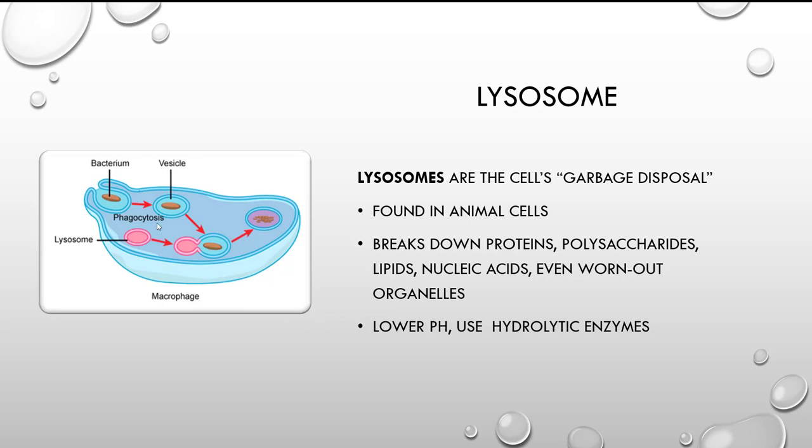Since they have a lower pH, it allows them to break down substances. So you can see how they could be kind of a security guard. They're going around, and if there's a bacterium, they can engulf it and then break it down. Okay, so here's an example. This is a macrophage. It's part of your immune system. So it engulfs it and then breaks it down.